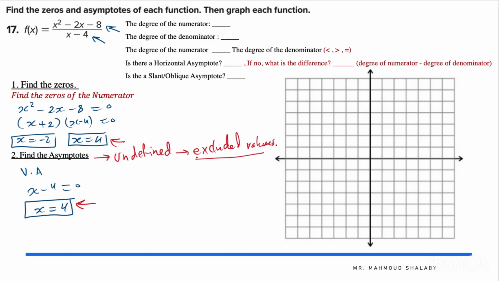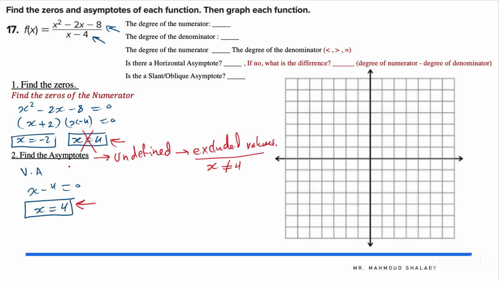We said the excluded values are the values that x cannot equal, like we can say x cannot be 4. In this case, if x cannot be 4, I can't use it as a zero of the function, because if I put x equals 4, it will make the function undefined in the denominator. That's why this question is different.